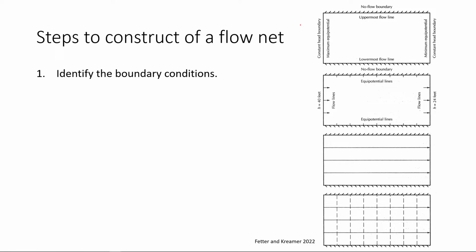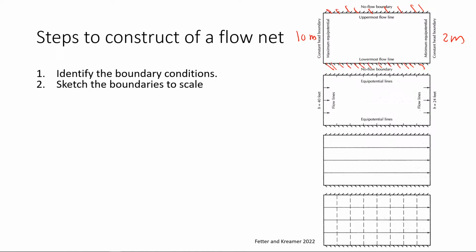Let's say this is 10 meters, for example, and this is 2 meters, or 0 meters or whatever. And then here you identify this is a no flow boundary. So first you identify your boundaries and then you draw them to scale. Sketch the boundary to scale.